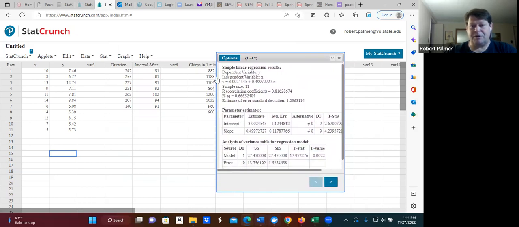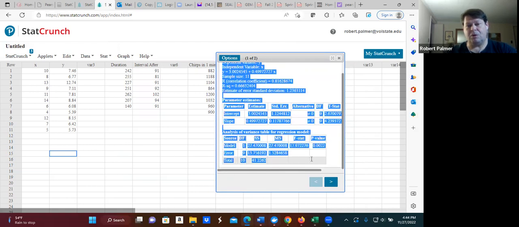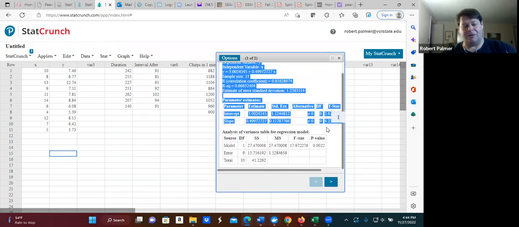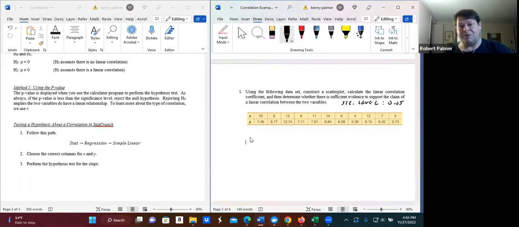And let's actually, as we did in the past, copy this. And actually just this, we don't need that down there. And we'll paste this into our notes. Actually, I realize we've got to write our hypotheses first. So hypotheses first, let's do that.